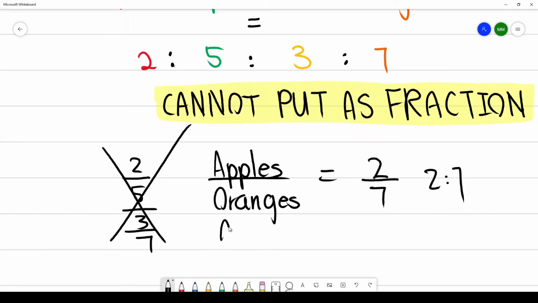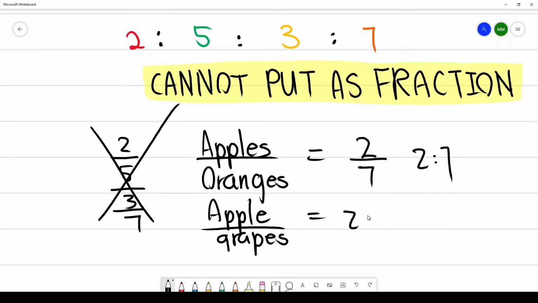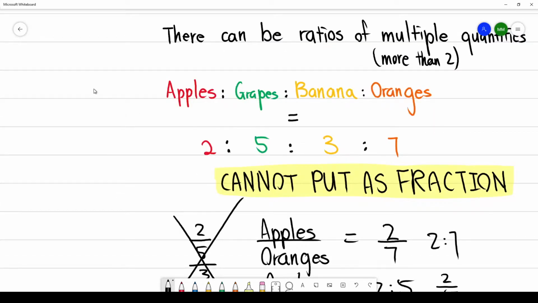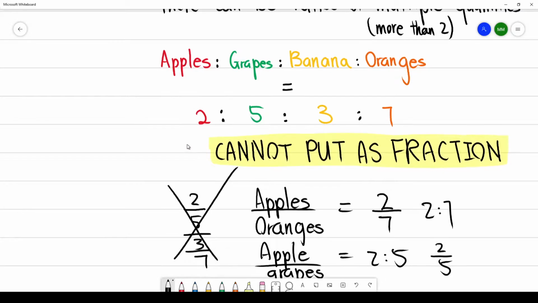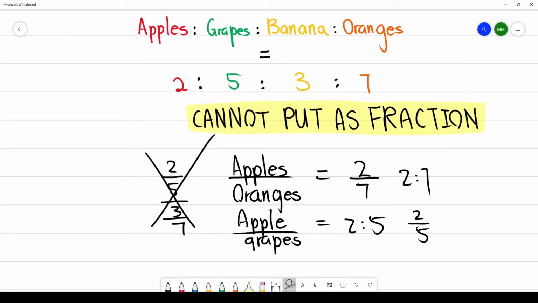Or you can do apples to grapes, and apples to grapes is equal to 2 to 5, or 2 over 5, whatever method you like to write it as. And that is the benefit. By comparing all these quantities, you can pick two out. Remember, you can only pick two out and write them as a proportion. And sometimes that can be useful.